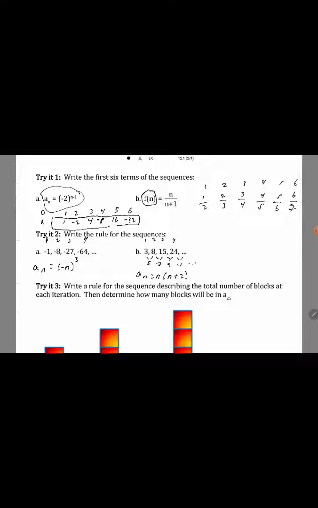So if I plug 1 in this equation, 1 times 3 is 3, 2 times 4 is 8, 3 times 5 is 15, and so on. So one way to look at it is I needed n plus 2, because if I plug 1 in, I'll get 3. But that doesn't work if I plugged in 2, 3, or 4.